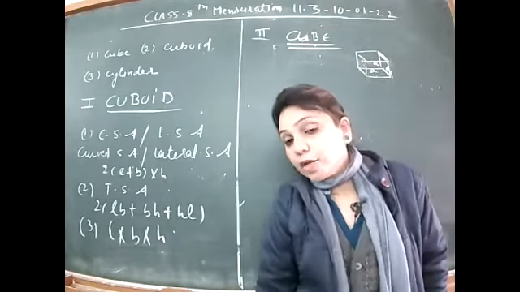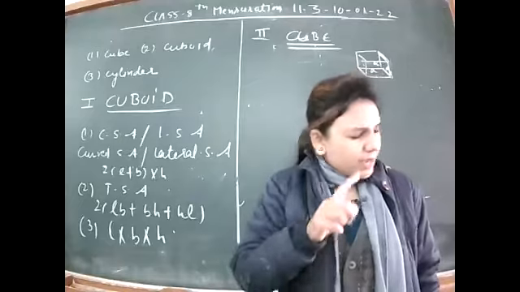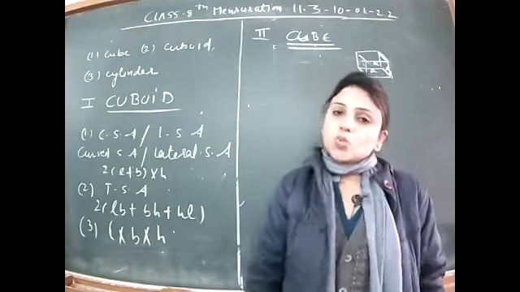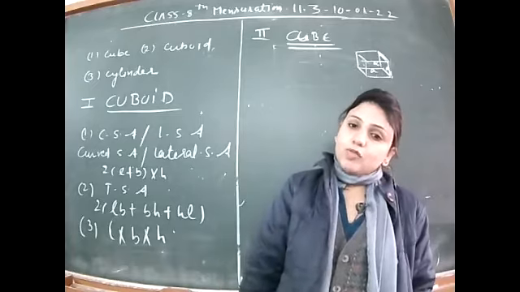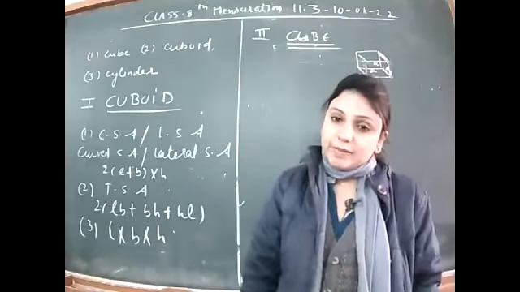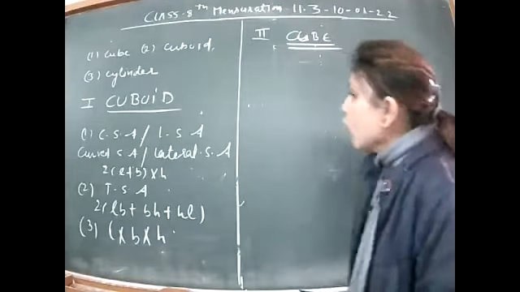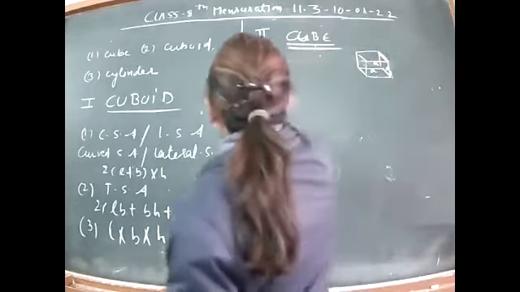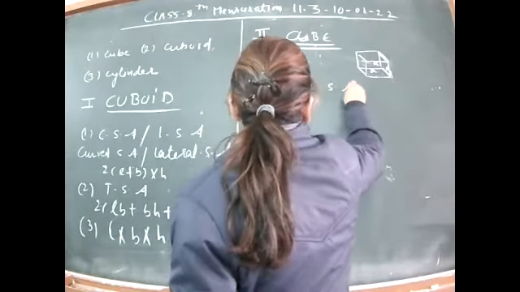Because in cube, every face is a square shaped figure. So we'll take the length of all the edges to be the same, and that I'm taking to be A, right? So again, we are going to discuss the same formulas, curved surface area, or you can say lateral surface area.